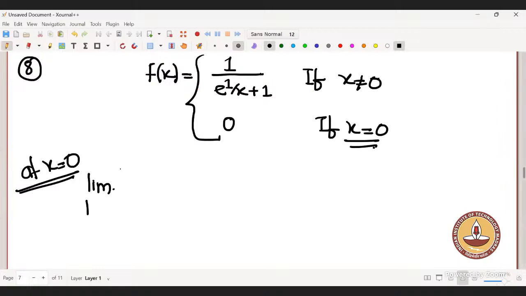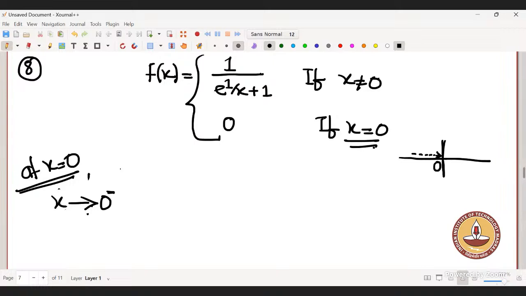First, let me start with the left hand limit. As x tends to 0 negative, you are coming to 0 from the left hand side.